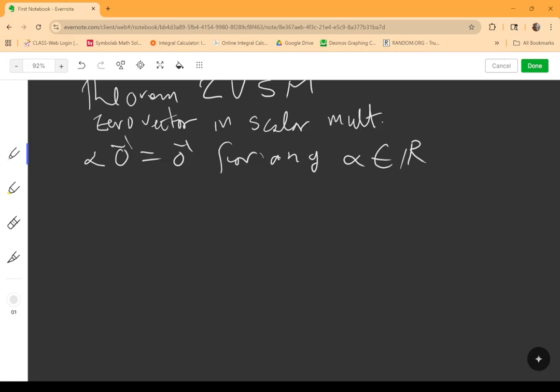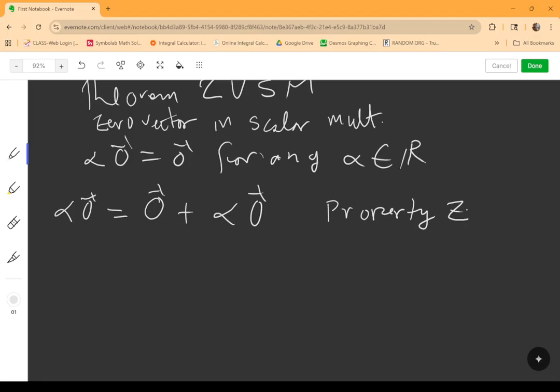vector spaces. Okay, so we'll start again here with alpha 0 and applying the property here. I'll apply the zero vector property. Okay, so again, this is property Z. And then from here, I'm going to use the additive inverse property for the zero vector.